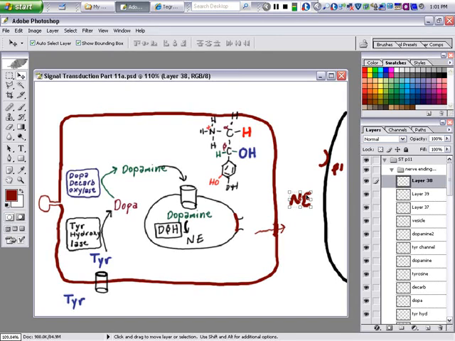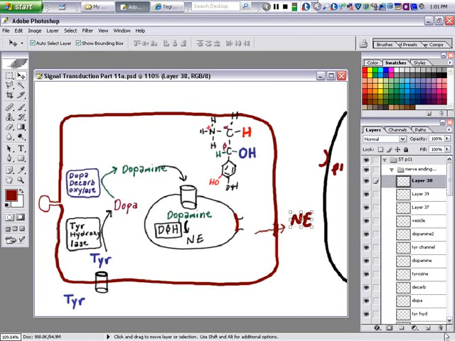Actually, most of it comes back inside. Most of it is recycled, because norepinephrine is a very valuable chemical, and you don't want it to be destroyed. But a little of it is destroyed. That's what I'm going to explain to you right now.